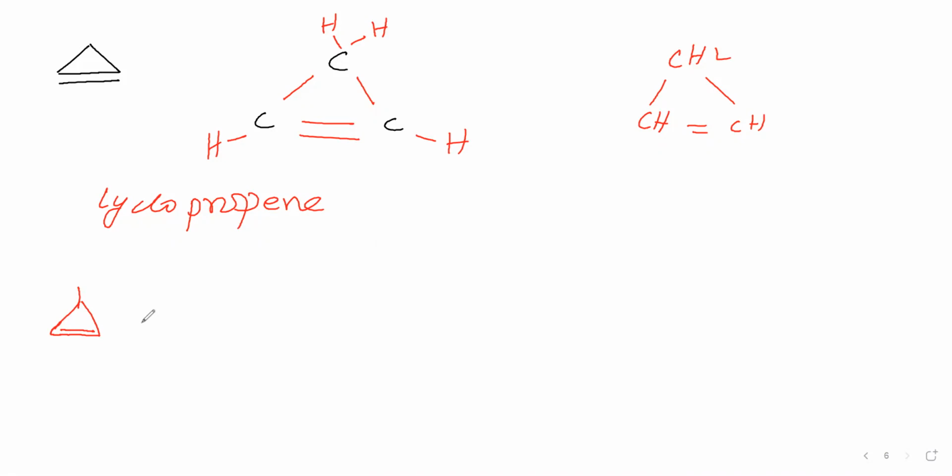We will take one like this. We will write the structural formula: at this corner carbon, here carbon, carbon, carbon. Then give bonds between carbon atoms: a single bond, a single bond, a single bond. You see the base, 2 lines are there, therefore double bond. Then give hydrogens. For this carbon 3 hydrogens. For this carbon 1 hydrogen.